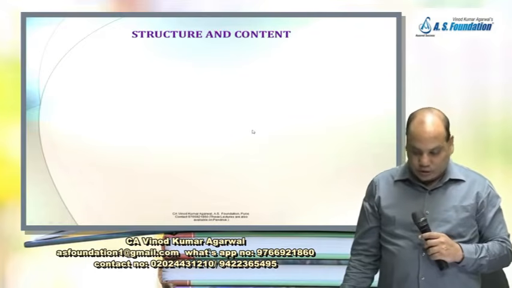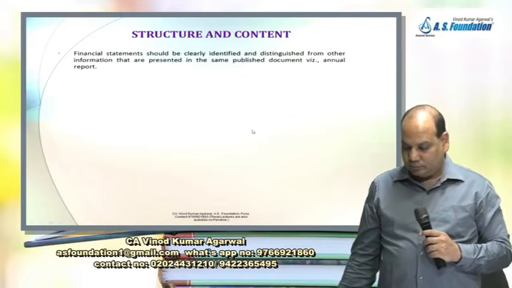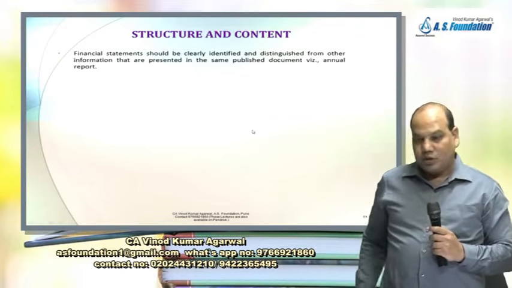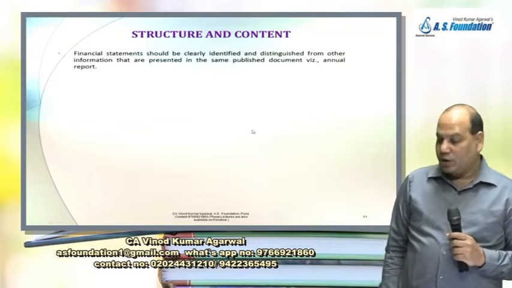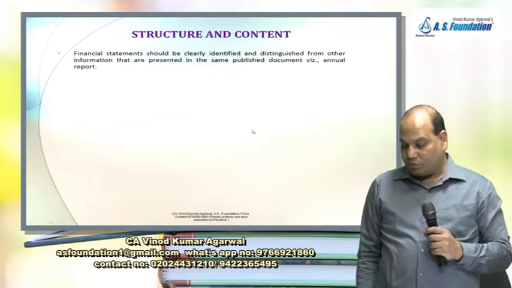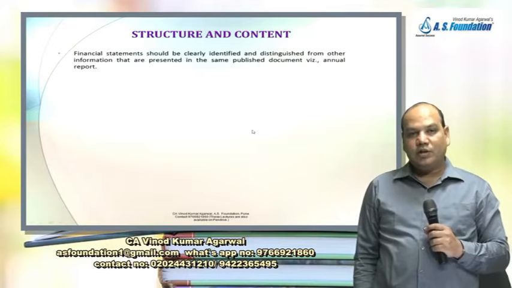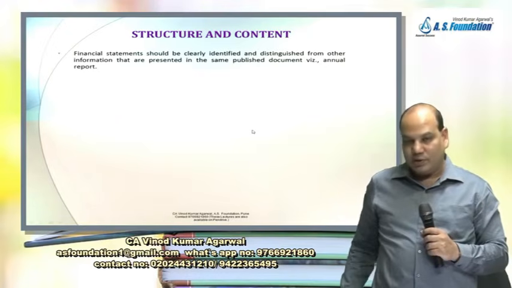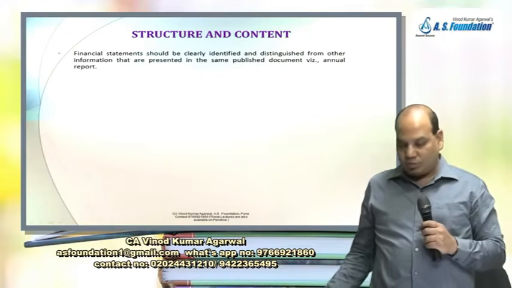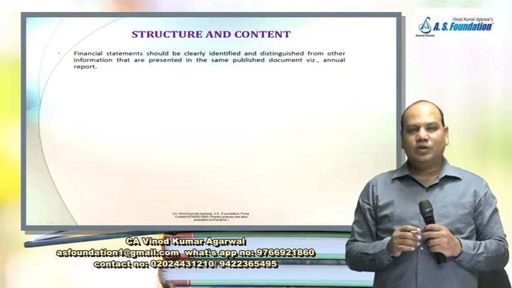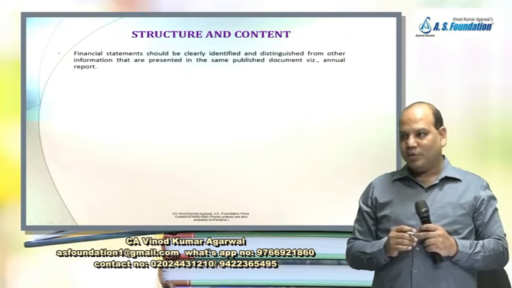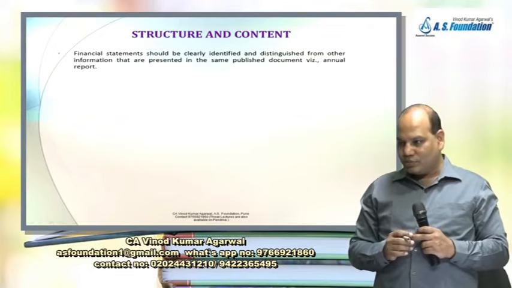Now we'll come to structure and content. Financial statement should be clearly identified and distinguished from other information that are presented in the same published document, for example, annual report. Now, I hope you have seen the annual report of a company. Properly printed notes, have you seen?